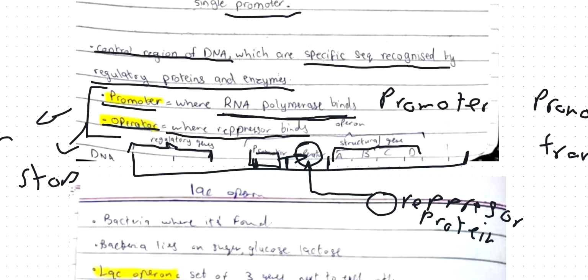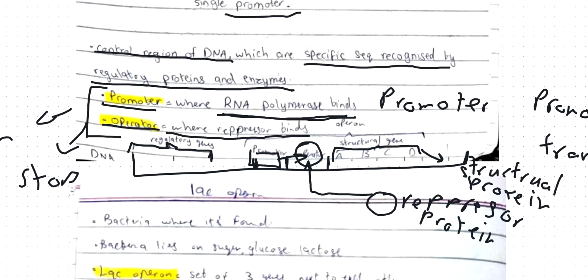RNA polymerase will stop the transcription of structural genes, so they cannot be transcribed and translated, and you won't have structural proteins. The reason you have an operator is so that structural genes cannot be coded.